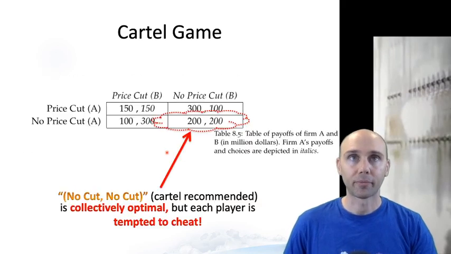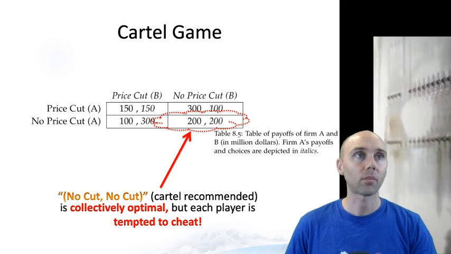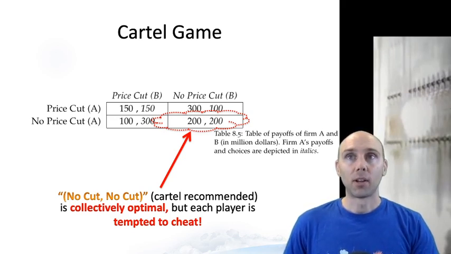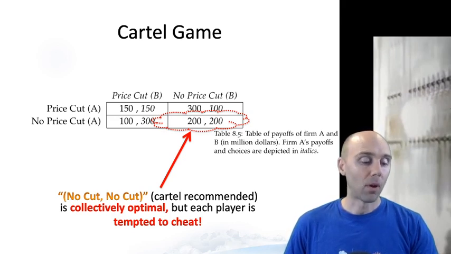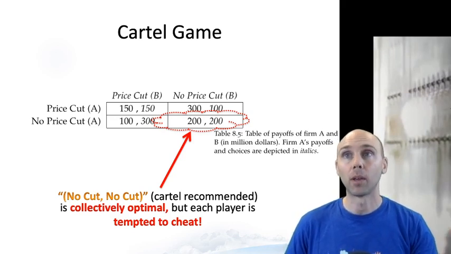This can also lead to a prisoner's dilemma type of scenario. For example, imagine a situation like this where a firm has to decide whether or not to cut its prices or not cut its prices. Now, firm A might say to firm B, don't cut your prices, I won't cut my prices. We can both keep them high. Our consumers choose between us 50-50. We make big profits here, 200-200.